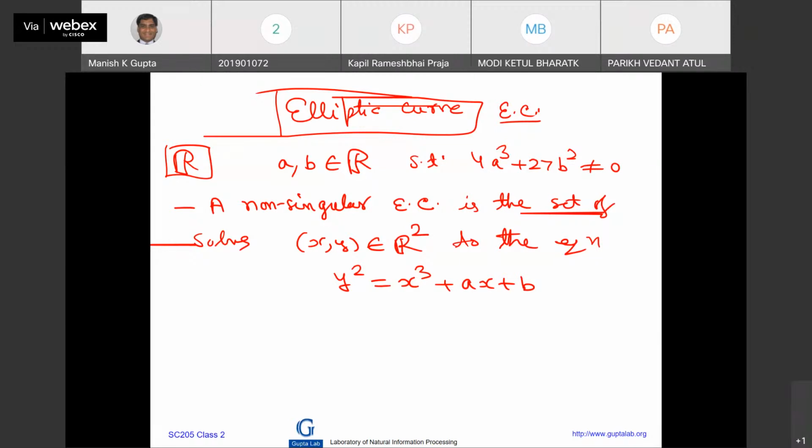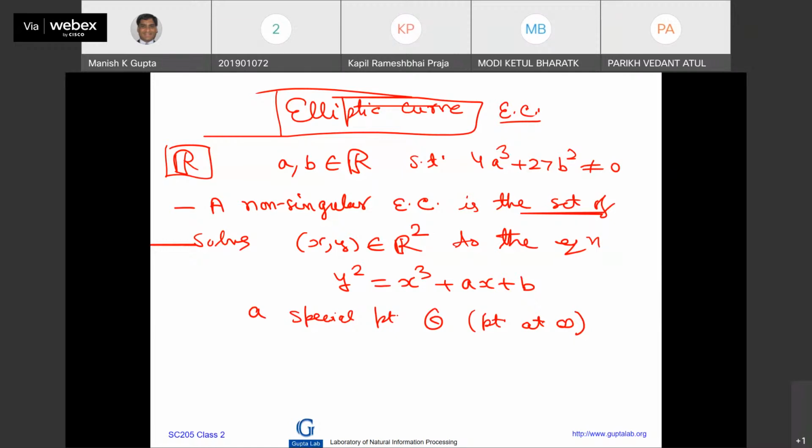We also have a special point O, known as the point at infinity. So a solution to this equation is also one special point known as the point at infinity. I'll tell you about that later on. Let me give you one example before moving further.